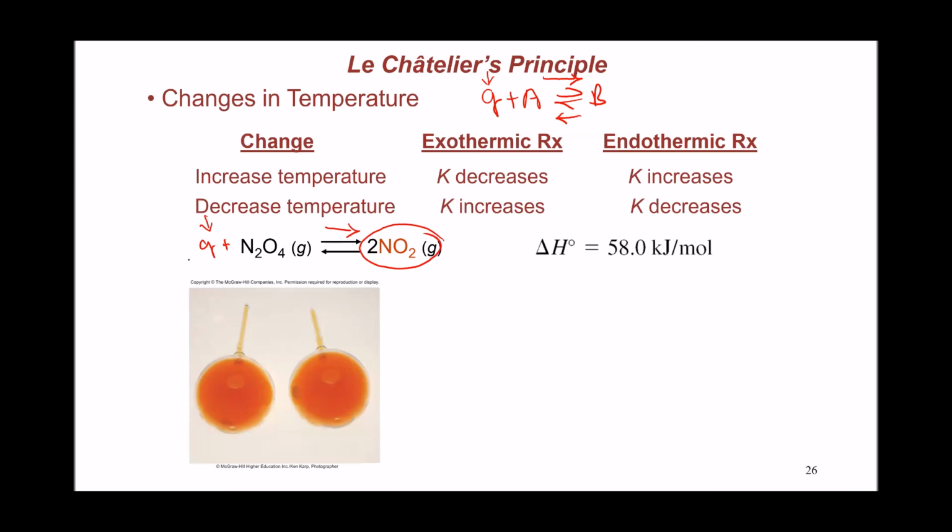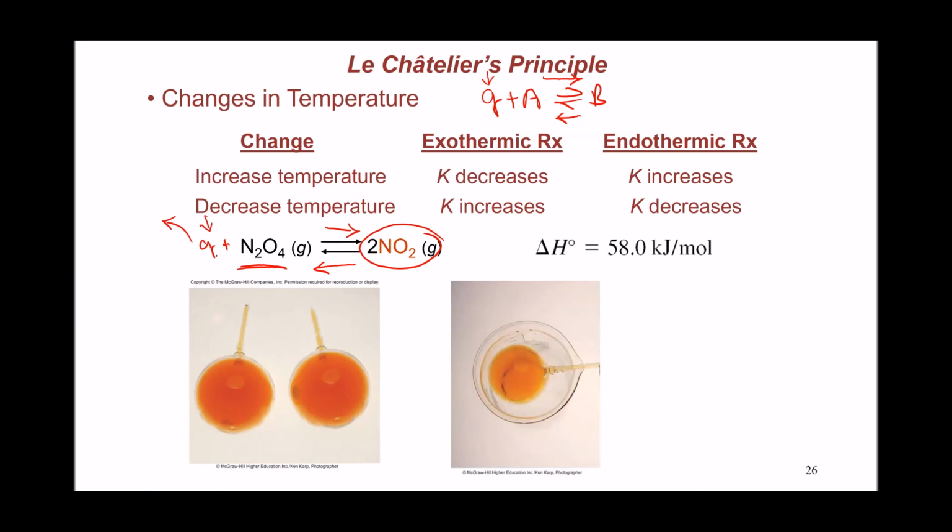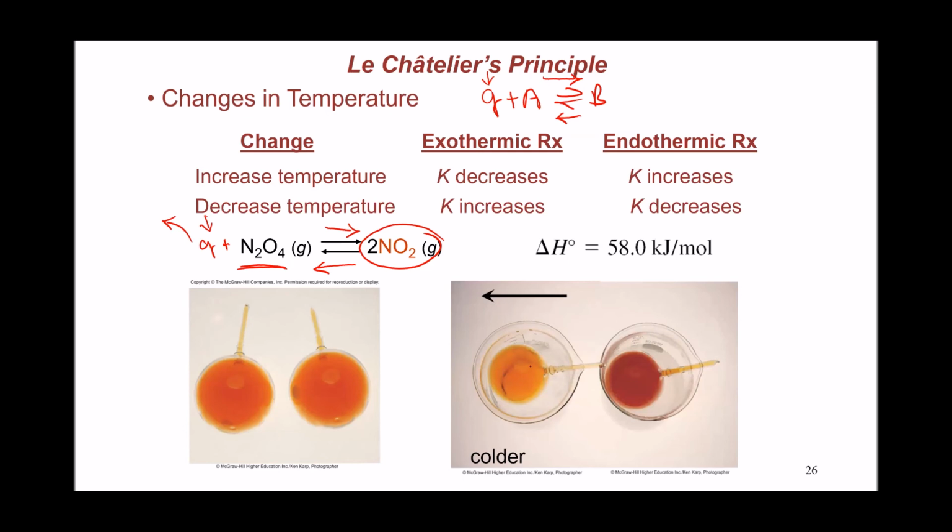When you decrease the temperature, you're actually removing heat, so the reaction is going to shift to the left-hand side and have N2O4 in the medium, and that's the case when you have the reaction at a colder temperature. It's going to be mainly N2O4 in the medium, and when you put it in a hot medium, it's going to be mainly NO2 in the reaction medium.